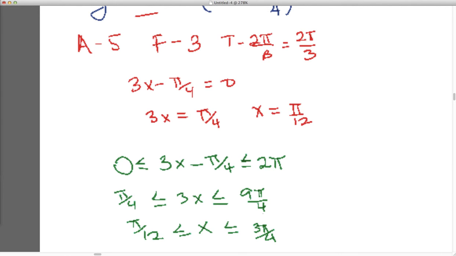Okay, so if we did this correctly, the difference between these two should equal the period, which in this case is 2 pi over 3. Let's test that theory out. So we got 3 pi over 4. Always good to check your work, make sure you're on the right track. You want to get a common denominator here.